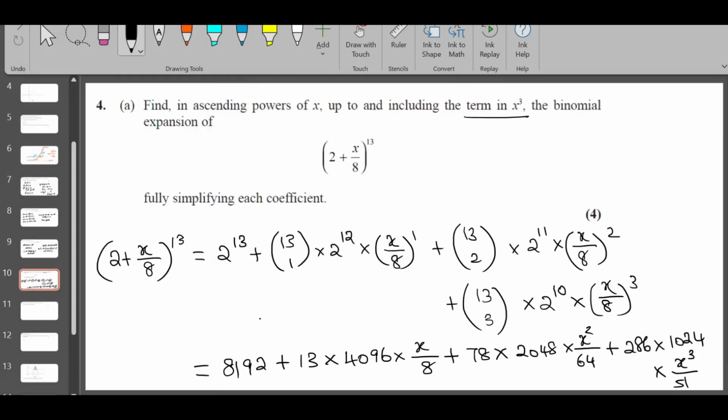That's 512, and then in the next step simplify and write the answer.